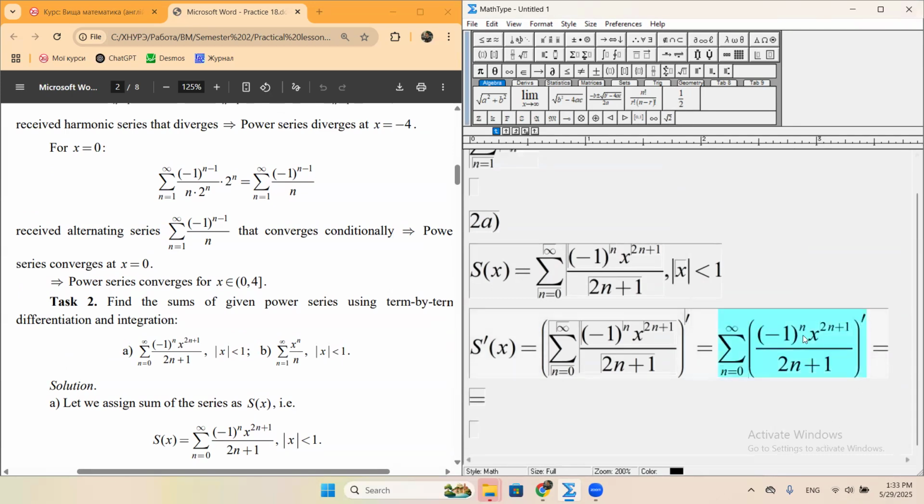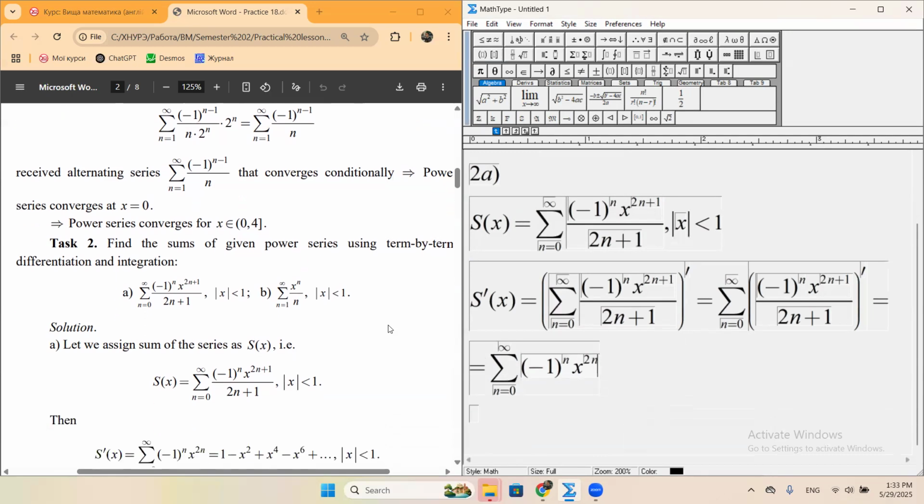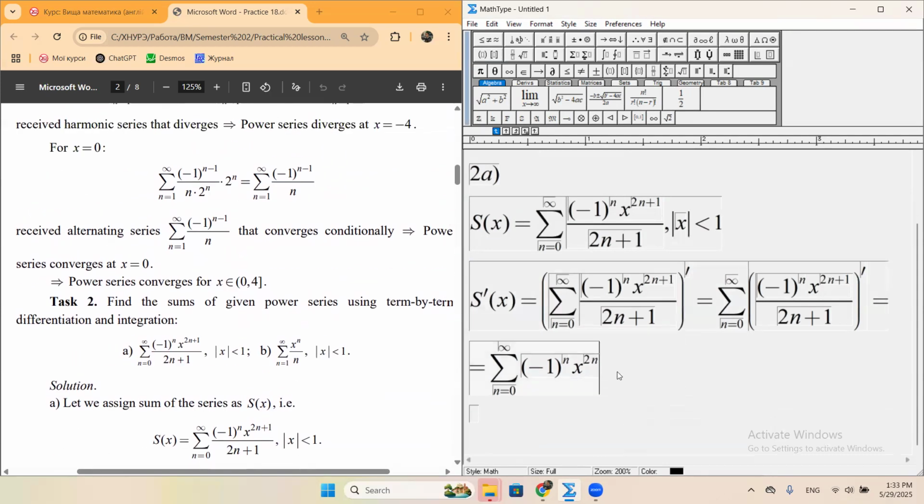So what I will receive here is minus 1 in power of n times x in power of 2n, differentiated. And what else can we see? Let's write it down. For the zero term, x in power of 0 will be 1.